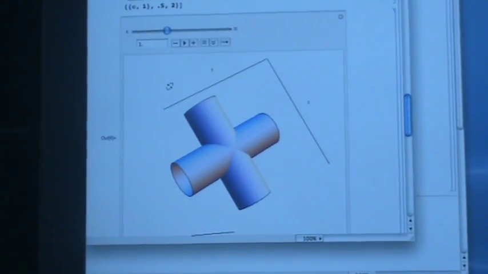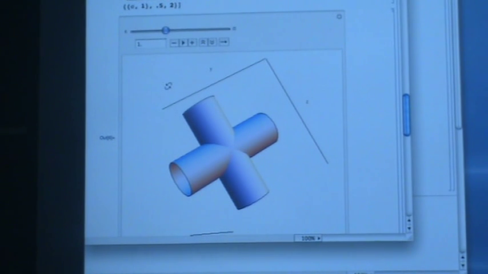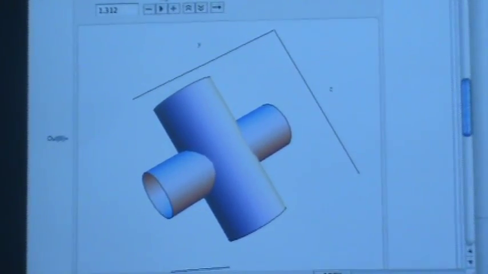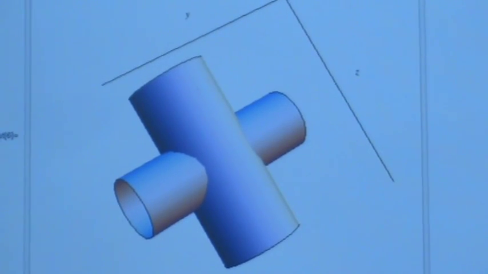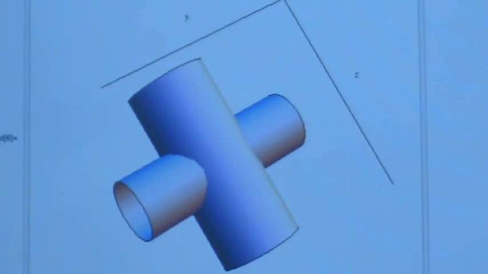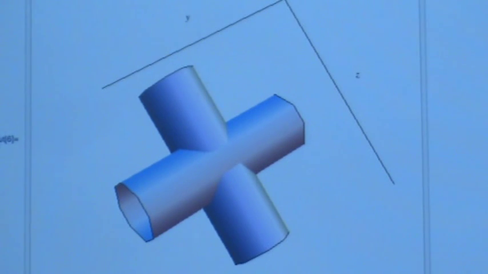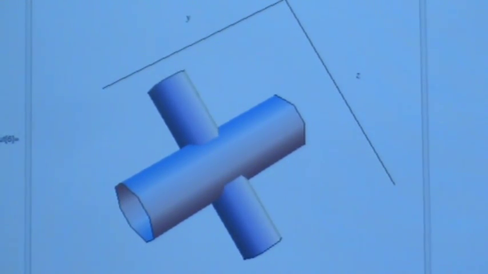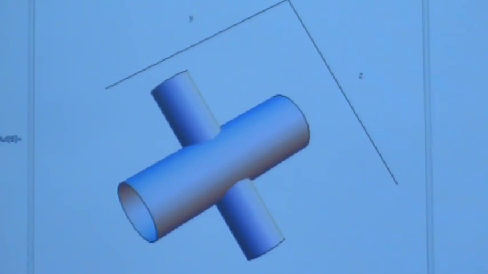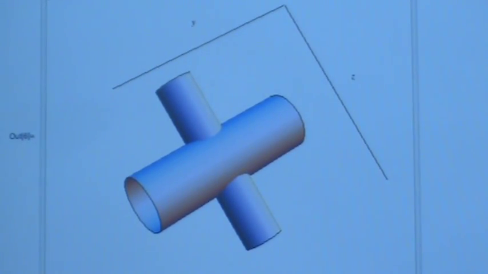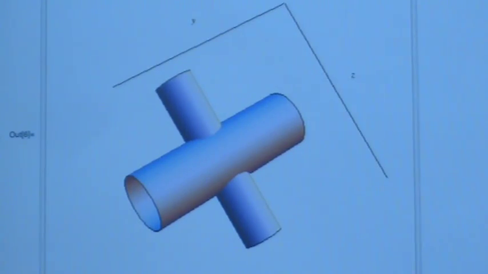So what does this remind you of? The curves are moving from going around one cylinder here, and then as I change my parameter for the radius, I get my X, and then the curve's going around the other cylinder. It's sort of like yesterday's, which I'm going to get back to in a sec.